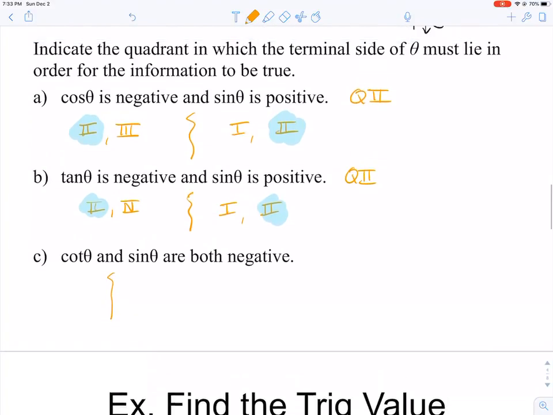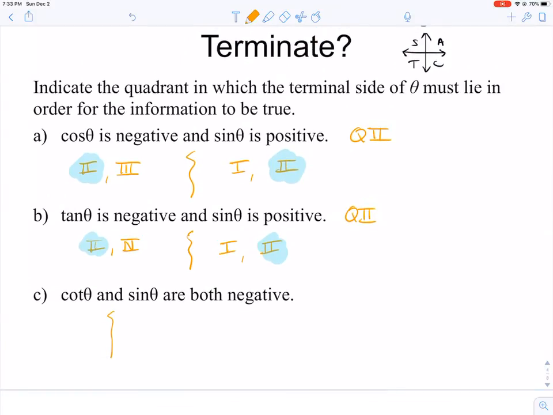Okay, so we want to know in which quadrant both cotangent and sine are negative. Cotangent follows tangent, its reciprocal, so cotangent will be negative in quadrant 2 and quadrant 4. And then sine is negative in quadrant 3 and quadrant 4. So the overlap here is quadrant 4.